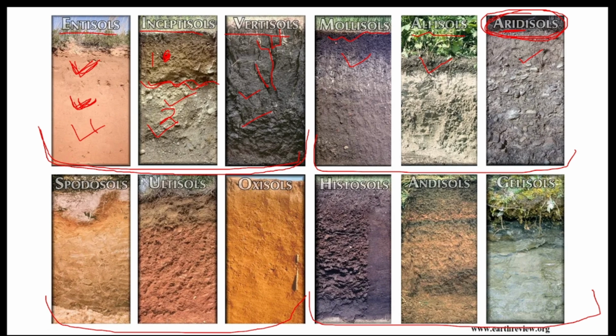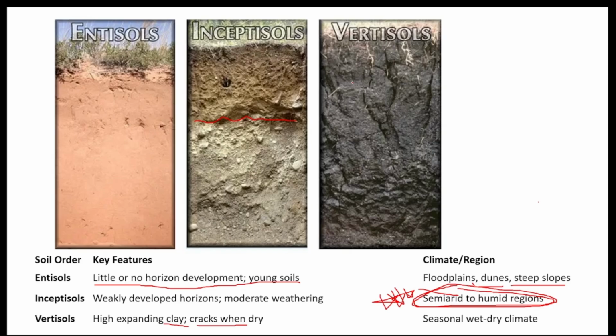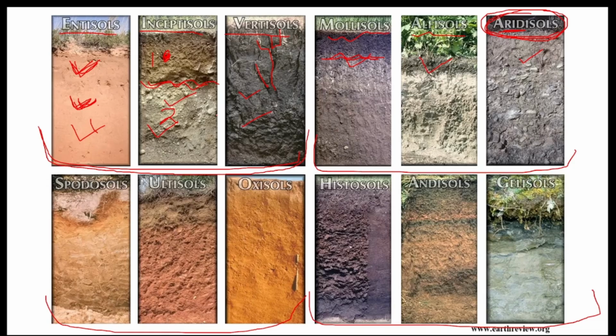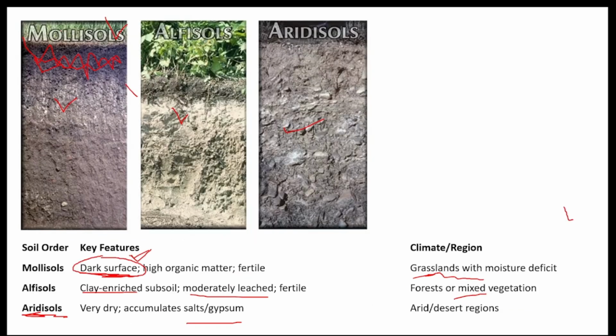First of all, for mollisols, again, we see that the upper surface is highly weathered. Alright, see, dark surface means what? It has high weathering.